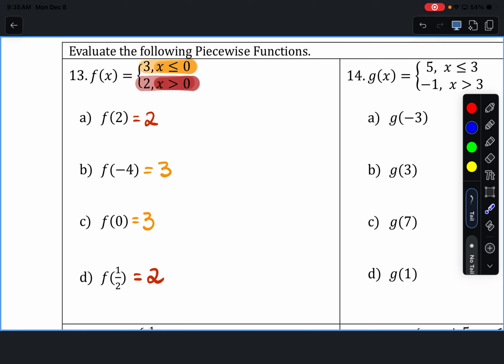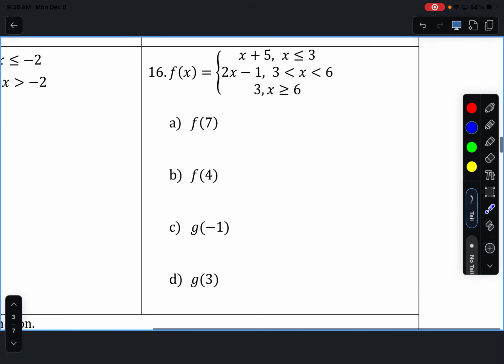All right. Now, we are going to do 16 together, because I want to do one with 3 pieces with you.